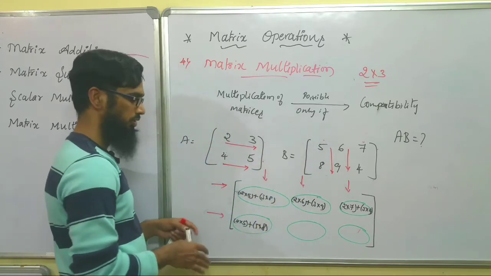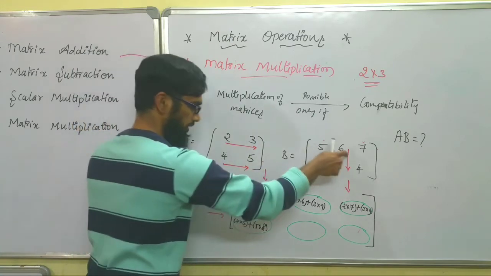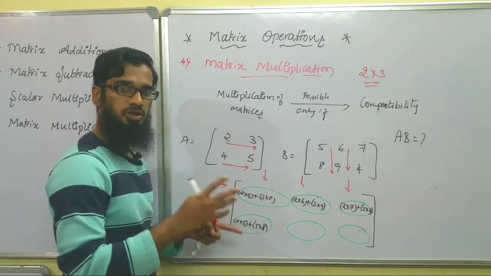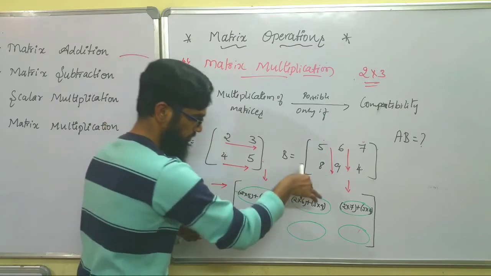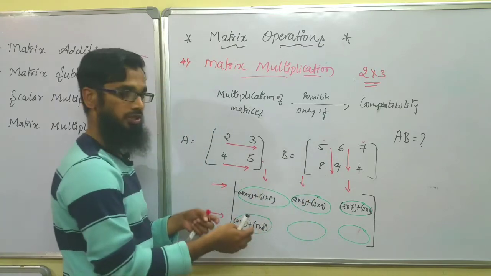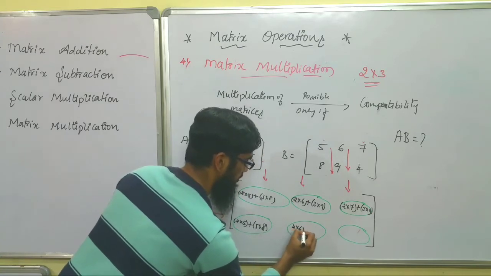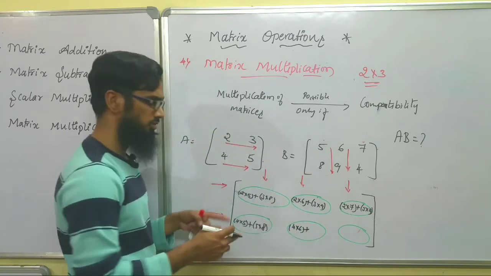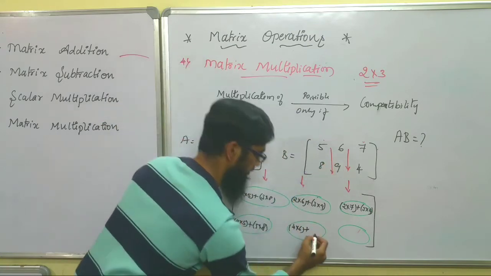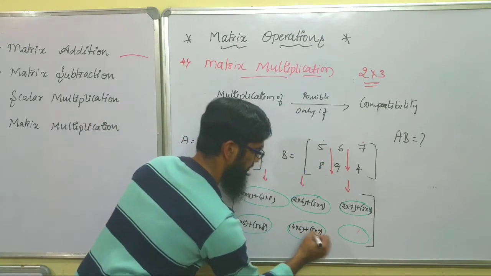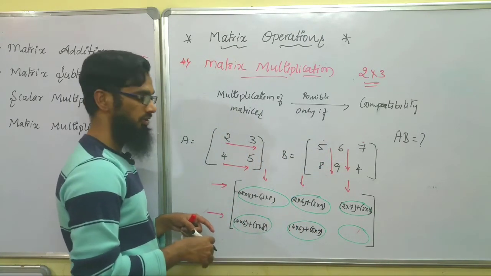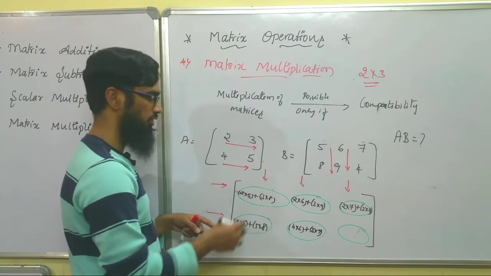That is the first one. Now second row, second column, in this place we have to write 4 into 6 plus 5 into 9. That completes the second row, second column.